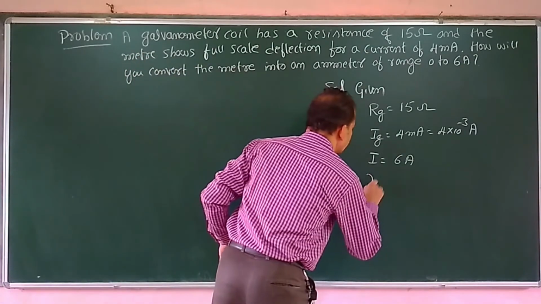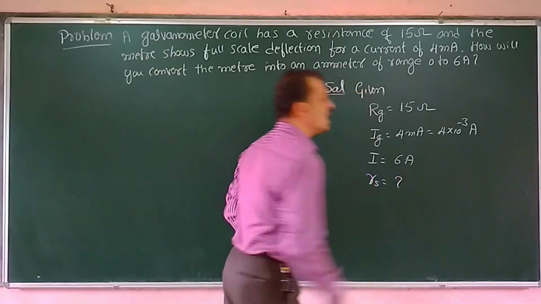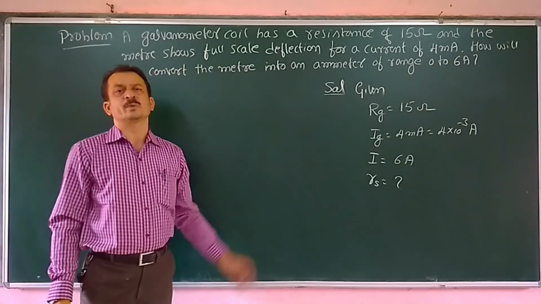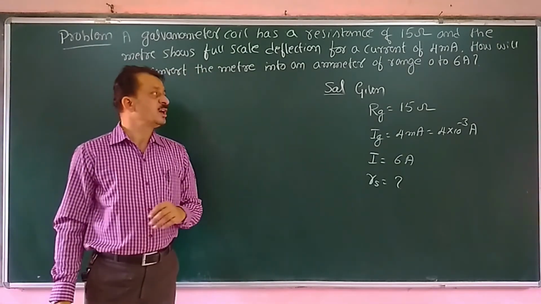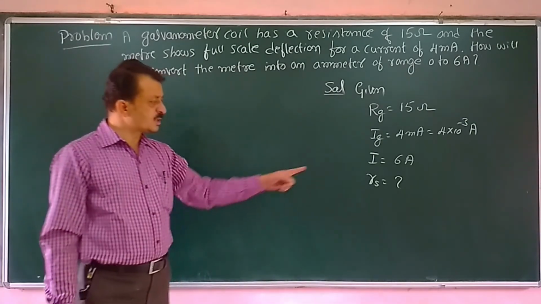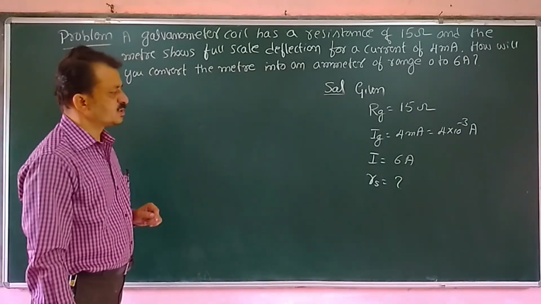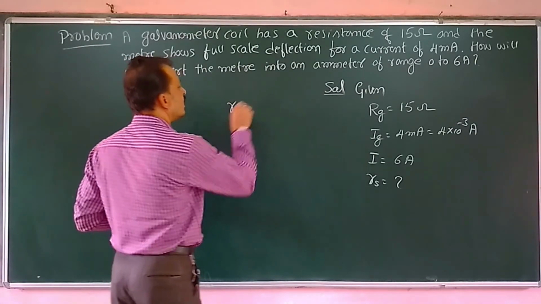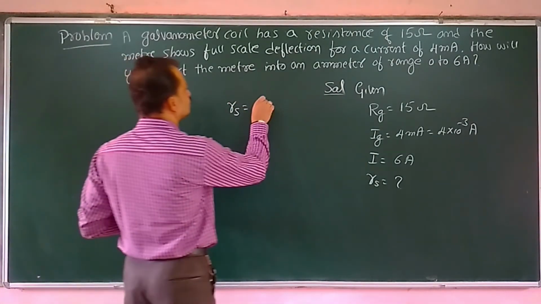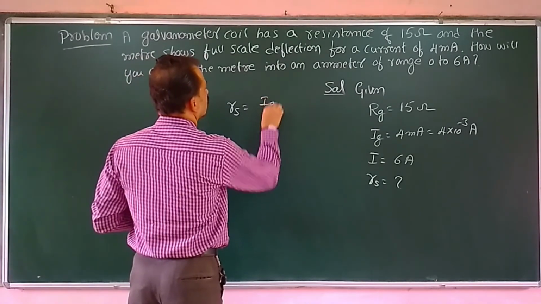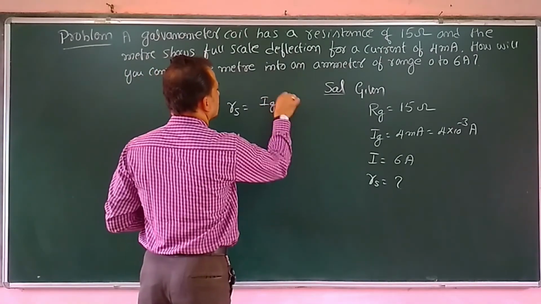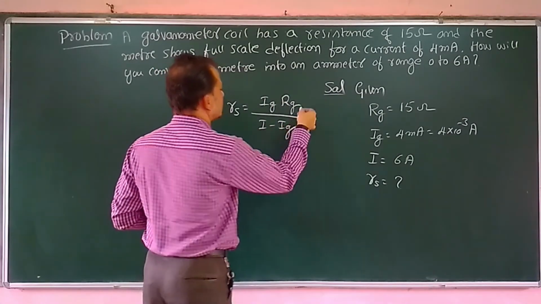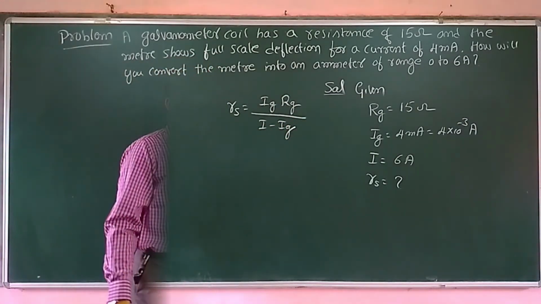First we have to calculate what is the shunt resistance, Rs. A small resistance which is to be connected in parallel to the galvanometer. That resistor we have called as shunt resistance. You know the simple formula. The shunt resistance is given by Rs is equal to Ig into Rg divided by I minus Ig.